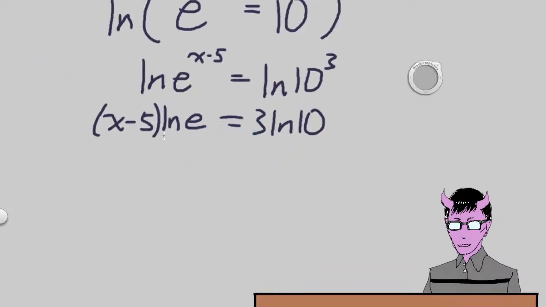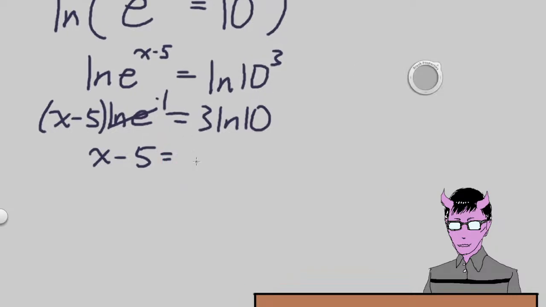There it is. So this is a constant times x minus 5, and then 3 times a constant. So this one is a full constant. This is a constant. It should be a familiar one, right? So cross that out just so it becomes 1. Very nice. So we have x minus 5 is equal to 3 natural log of 10.